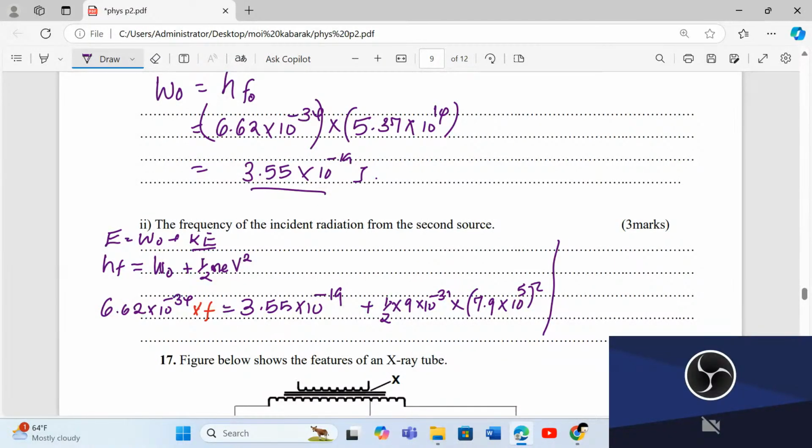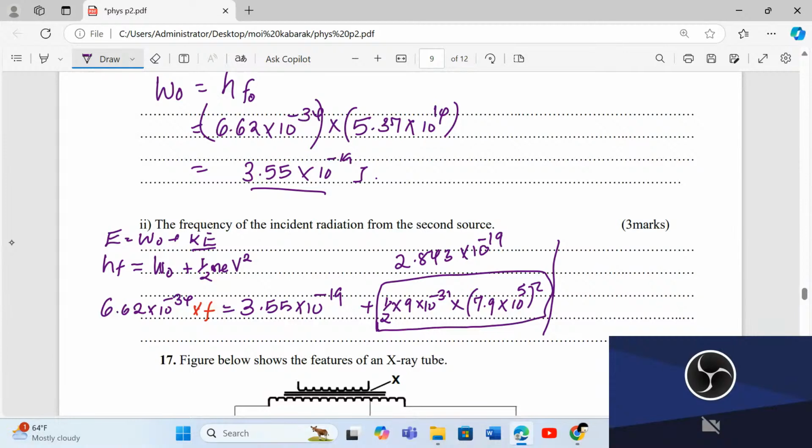This whole part will be standing for 2.843 times 10 raised to power negative 19, plus 3.55 times 10 raised to power negative 19.